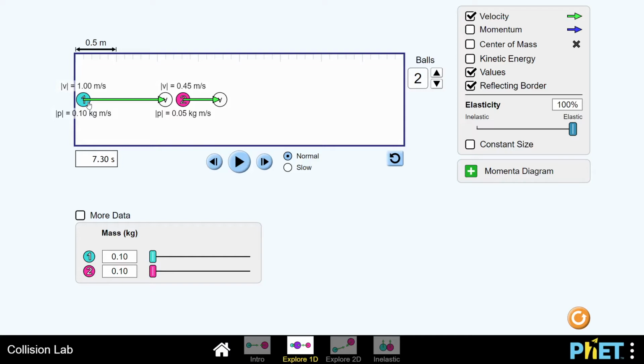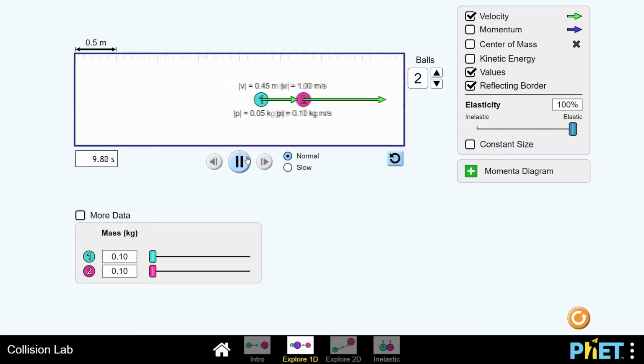So now, if I'm here again, and I were to ask you how long would it take for this particle 2 to get hit, have a speed of 1, and go and hit that right wall, you would know now immediately that it's going to be 3.65 seconds. And watch that. And bam.